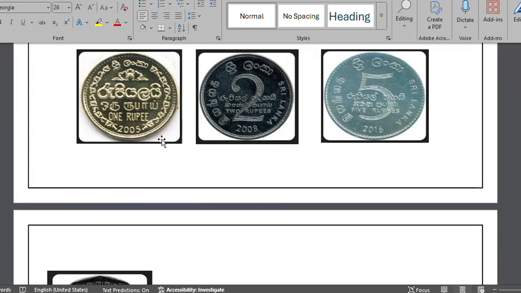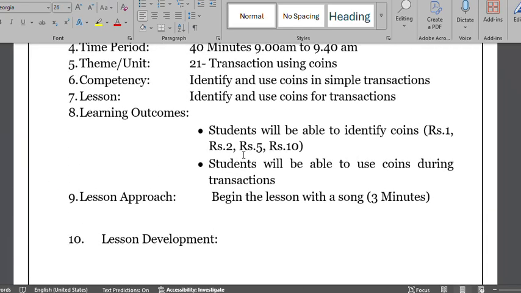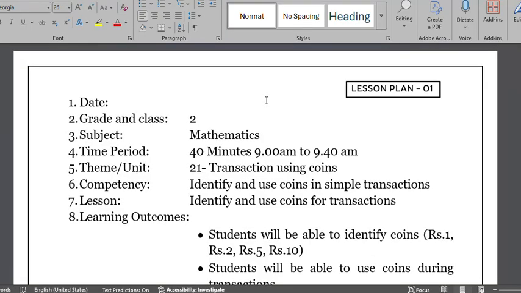So consider that also. Each day you want to do 2 lessons. I have mentioned only one here, and the other lesson you want to do too. For both lessons you want to write this lesson plan and maintain it. From the university, if you meet your master teacher, they will give you some documents.